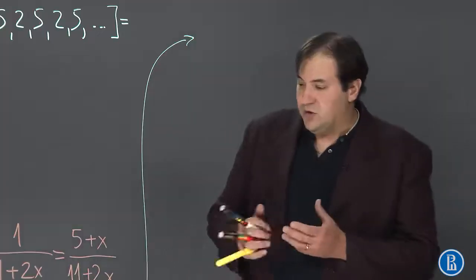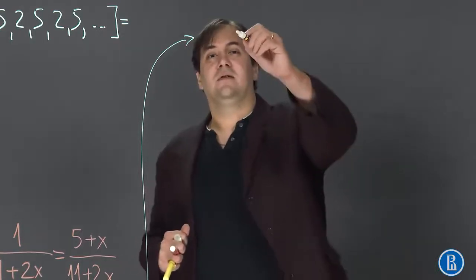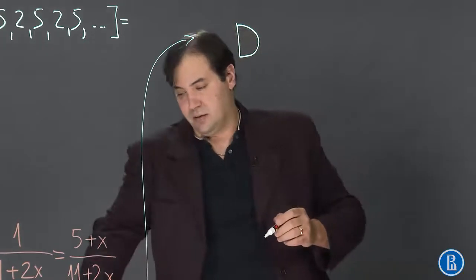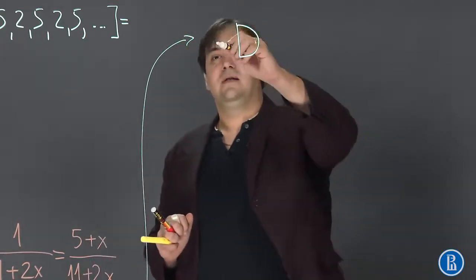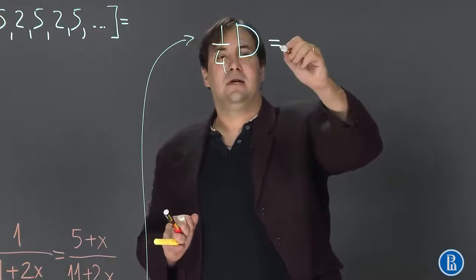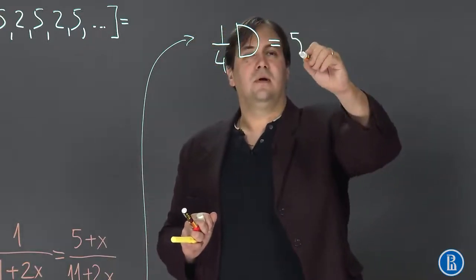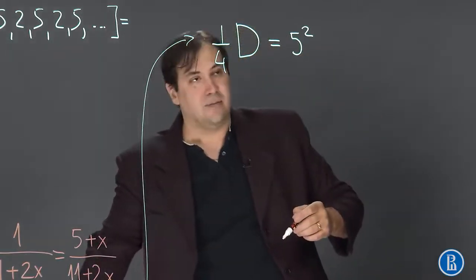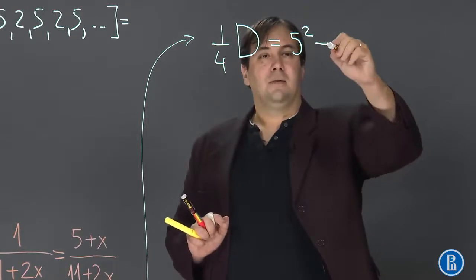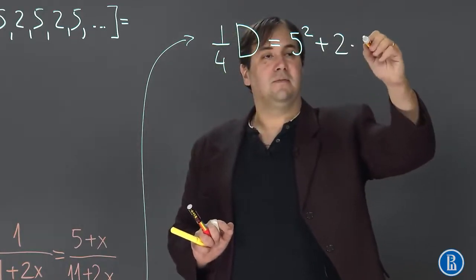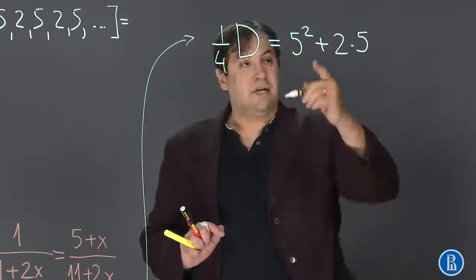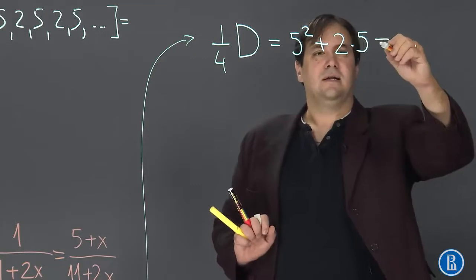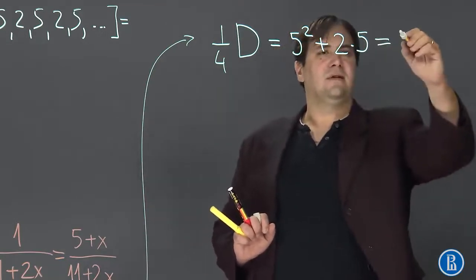In order to solve this equation, let's write down the discriminant of the equation. Actually, since the coefficient with x is even, we'll write 1/4 of the discriminant. It's equal to 5 squared, where 5 is not this one 5, but 10 divided by 2. So 5 squared plus 2 times 5, plus because we have minus here, and 2 multiplied by 5, and it is equal to 25 plus 10, it is 35.